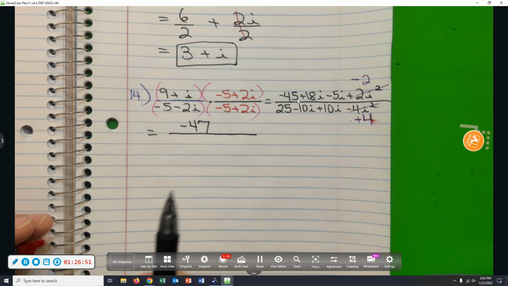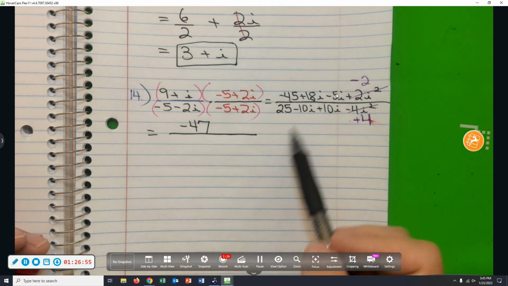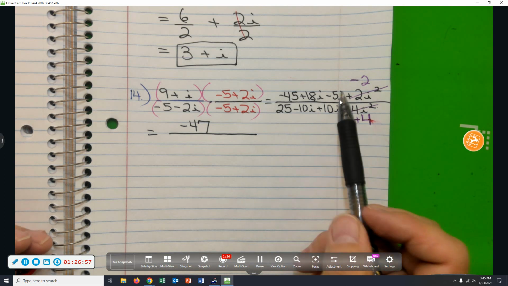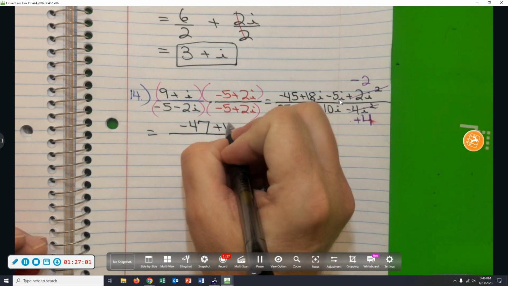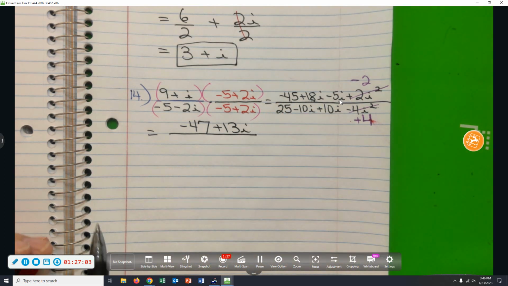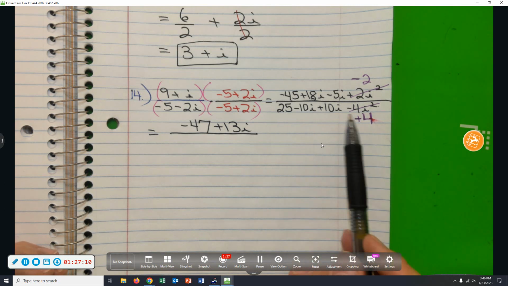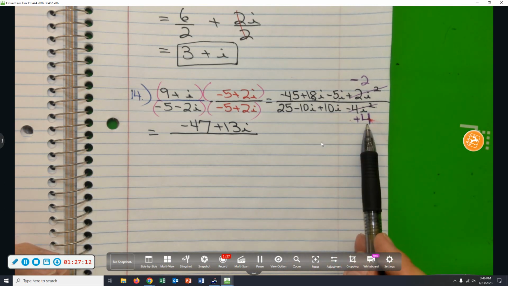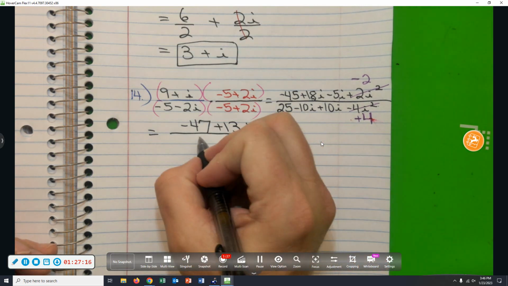Let's combine the i terms. 18i minus 5i is positive 13i. Now in the bottom, let's combine the things that don't have i's. 25 plus 4, that's 29.